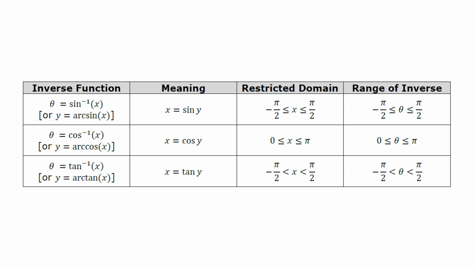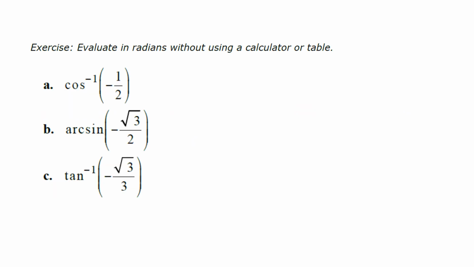And then the inverse of tan of x, also arctan, meaning x equals tan of y, where y is theta, has a restricted domain similar to sine between -pi/2 and pi/2, but they can't equal their endpoints -pi/2 and pi/2, okay?